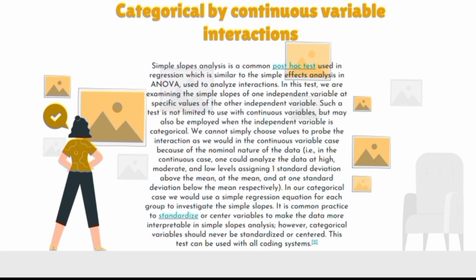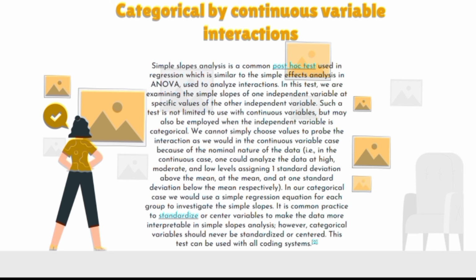Such a test is not limited to use with continuous variables, but may also be employed when the independent variable is categorical. We cannot simply choose values to probe the interaction as we would in the continuous variable case because of the nominal nature of the data.